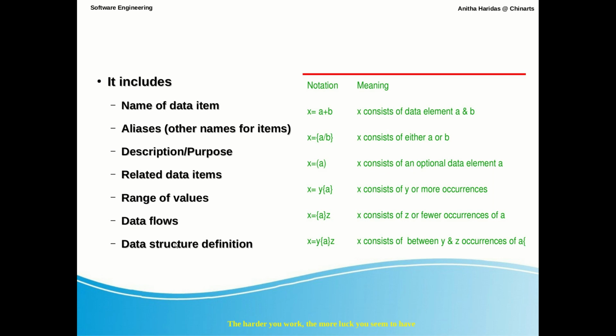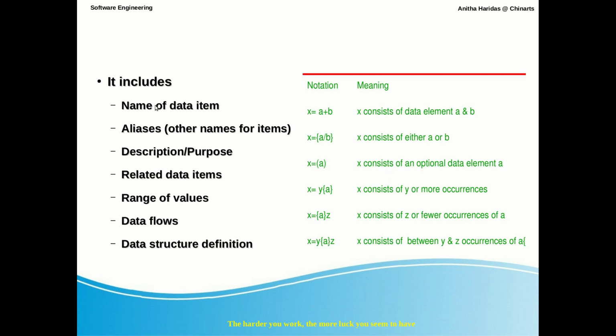And what is the data flow? That should also be specified. And if you have any data structures, that can also be defined in the data dictionary. So for all the data items, if you have defined any aliases, that should also be specified, along with describing the data items or the purpose of that particular data item in the DFD, any other data items that are related, what the different range of values are for that particular data item, if any, and the data flows and the structure used in the DFD.